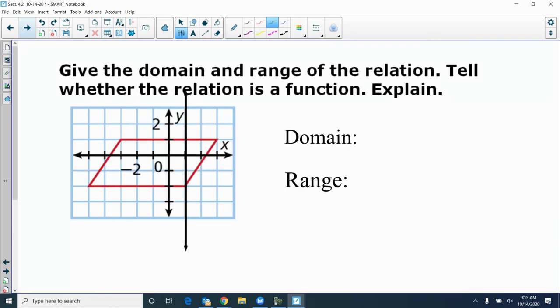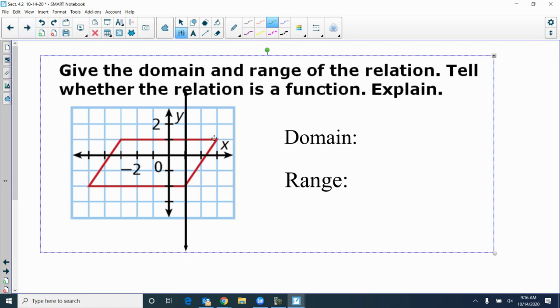How about that one? Now that's a graph. So this is where it's going to be that less than or equal to part. Do you have a smallest x anywhere? Take a look at it and see if you can think what the domain would be.